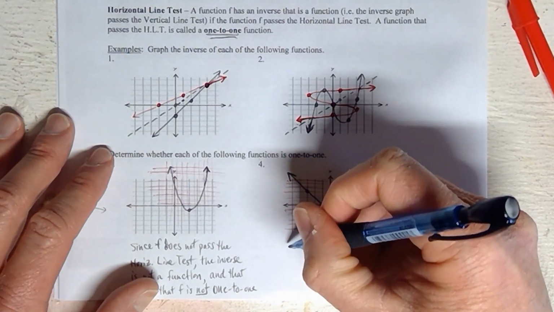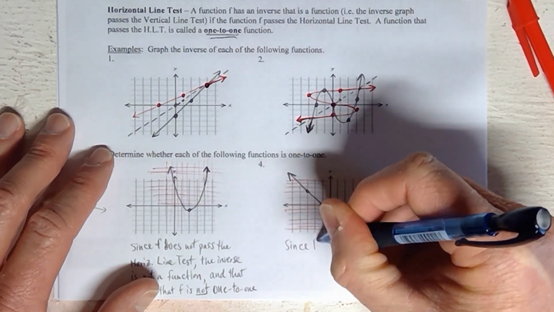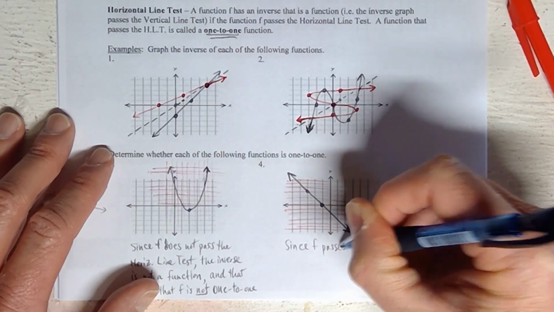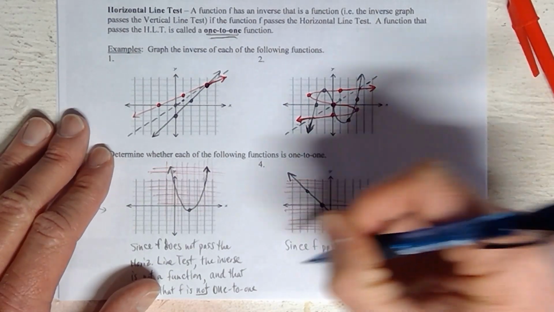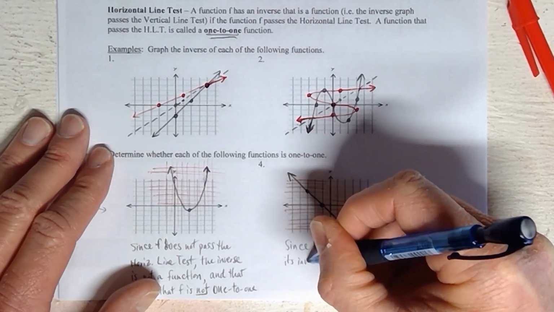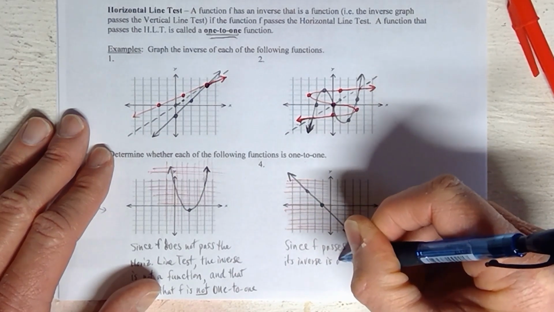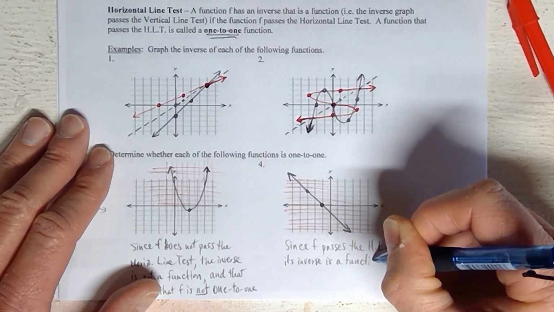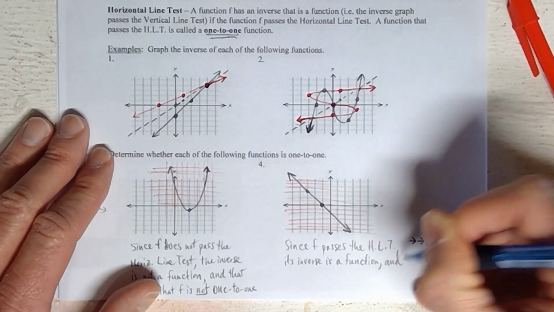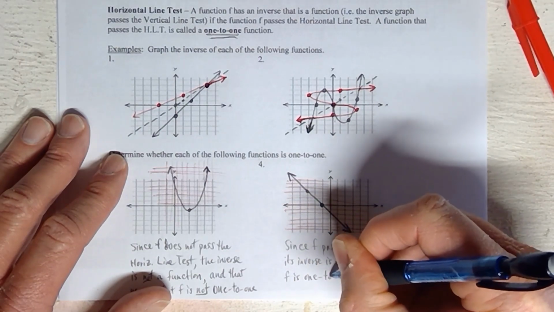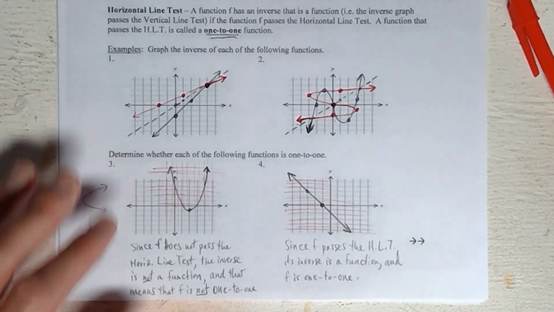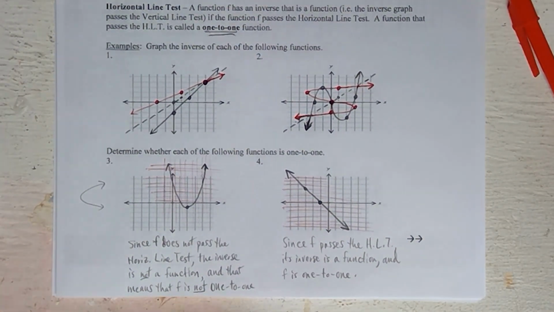So since f passes the horizontal line test, its inverse is a function, and the original function f is one-to-one. So that's how to figure out, at least by using the graph, whether or not the original function is one-to-one.